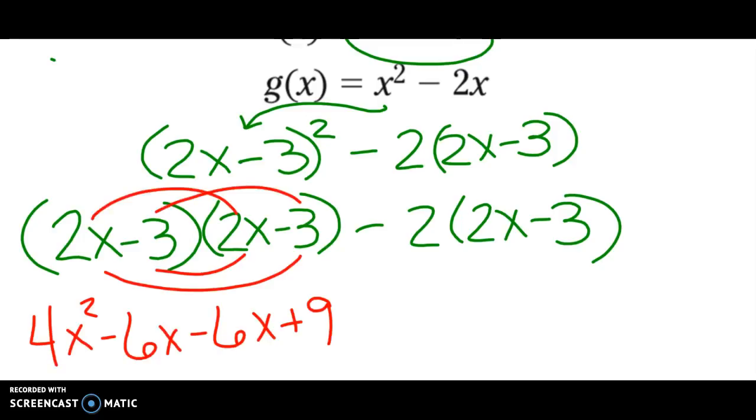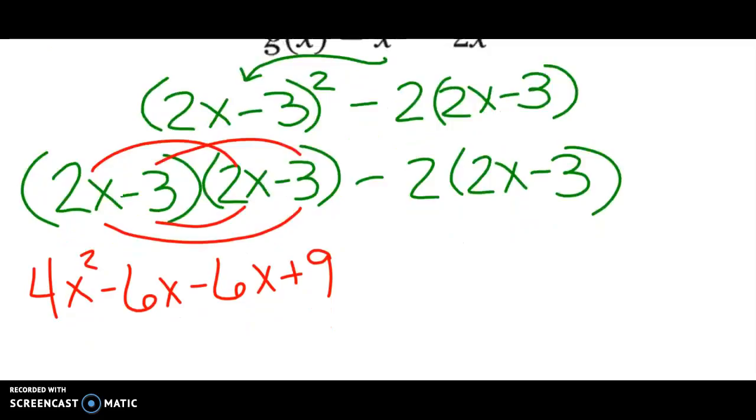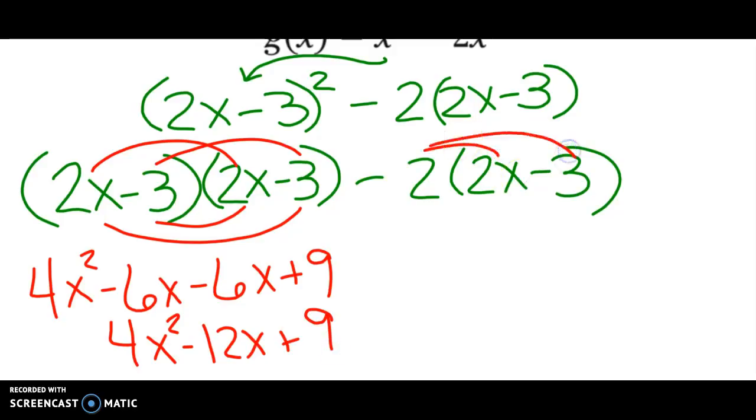Okay, so far I've got this, and then once I combine my like terms, I get 4x squared minus 12x plus 9. Then I'm going to distribute the other part over here. Now remember, the negative is being distributed. So it's minus 4x plus 6, because negative times a negative is a positive.